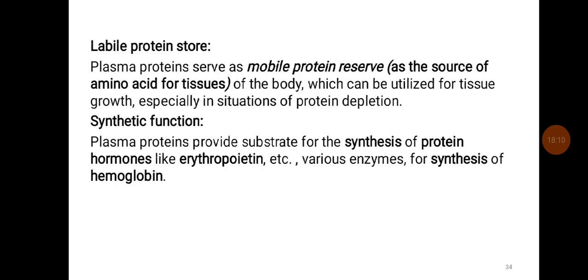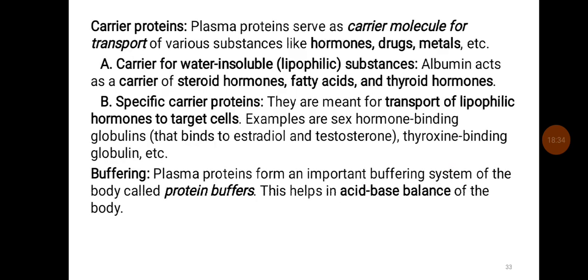The plasma proteins serve as a source of amino acids for tissues of the body, which can be utilized for tissue growth, especially in situations of protein depletion. They also have a synthetic function. Plasma proteins provide substrate for the synthesis of protein hormones like erythropoietin, various enzymes, and synthesis of hemoglobin.